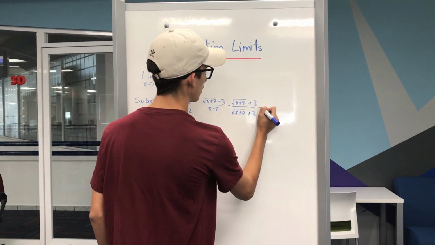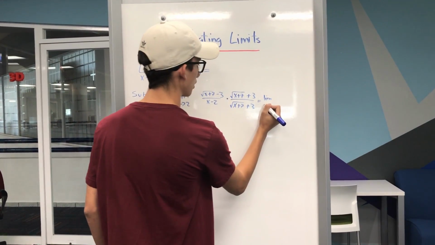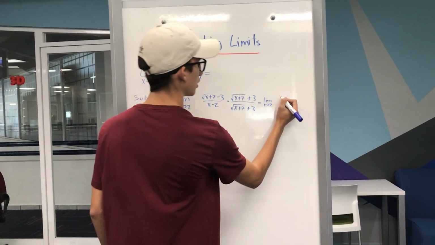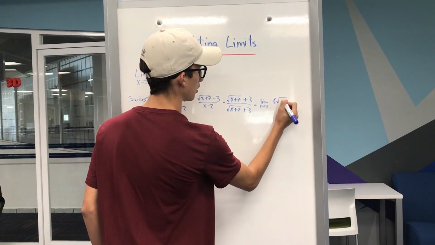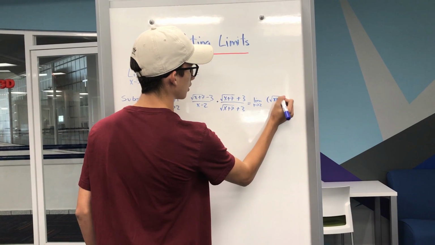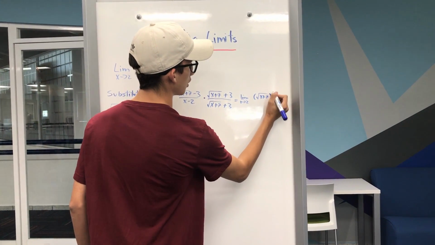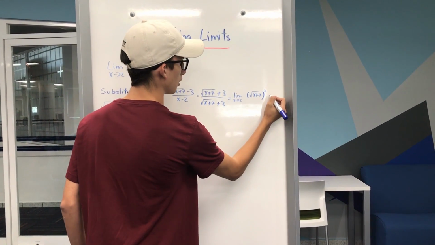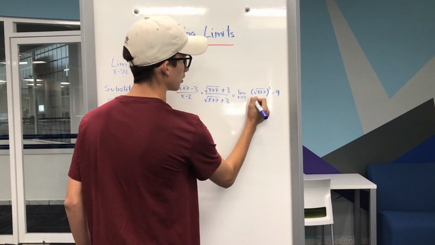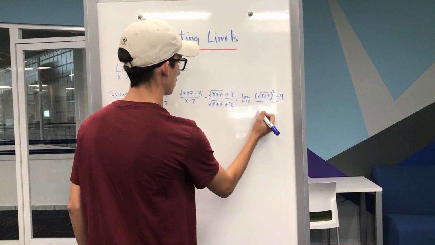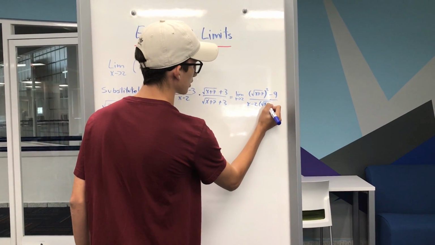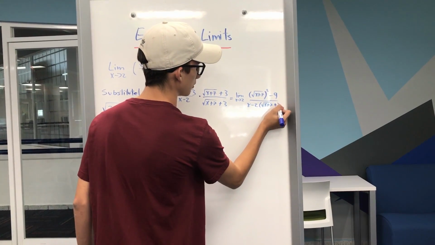This is going to be the limit as x approaches 2 of the square root of x plus 7 squared minus 9 over x minus 2 times the square root of x plus 7 plus 3.